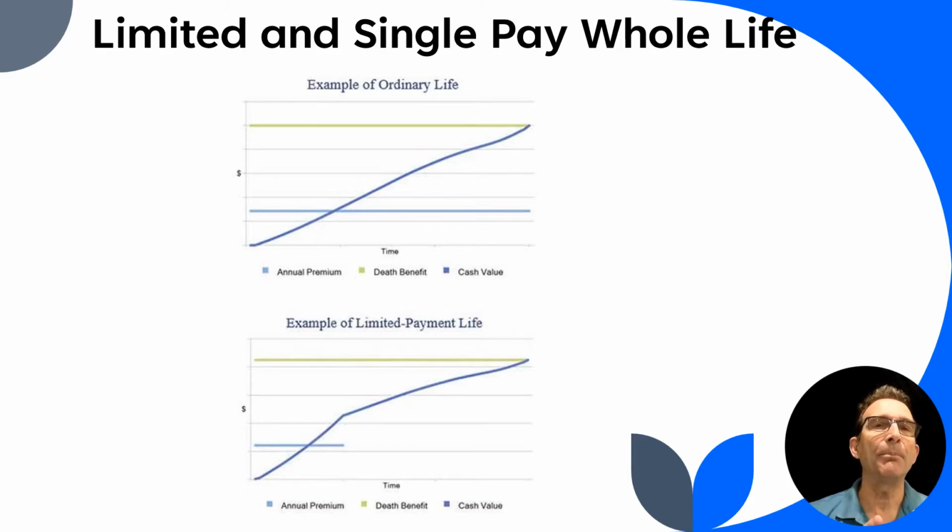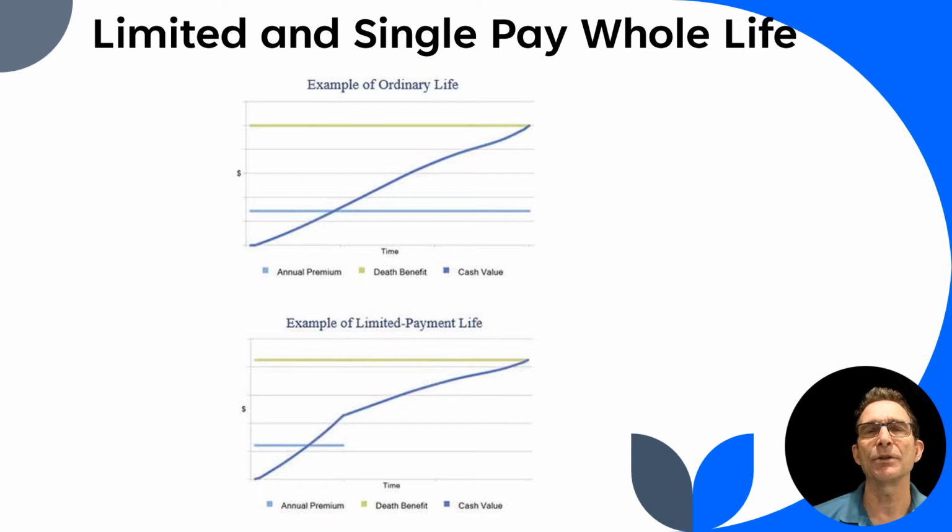So the limited part means the premium is only paid for a limited period of time, and that's defined in the contract. Now, why would somebody want to do that? Why would you front load, in a sense, those premium payments? Well, sometimes people would prefer to pay things off early. We think of that in terms of loans also, right? We might have a loan where we take it out over a long period of time with lower payments, or we might decide, look, I'd like to get that paid off sooner and get it taken care of, and then not have to make any more payments.